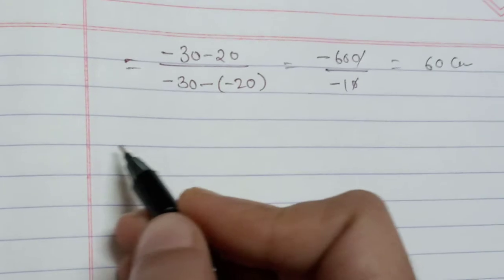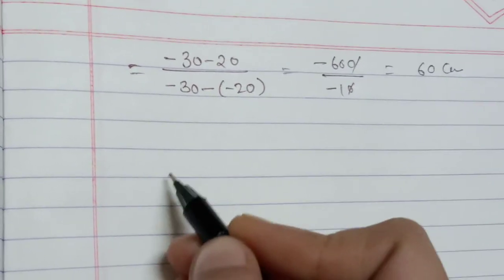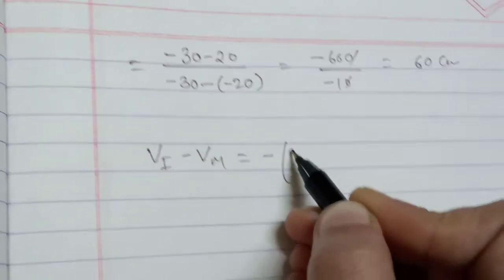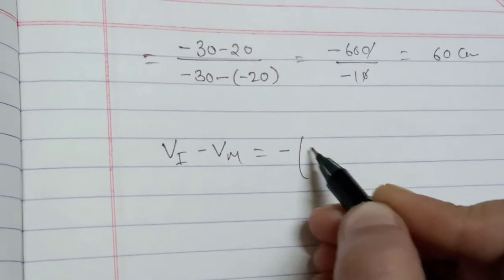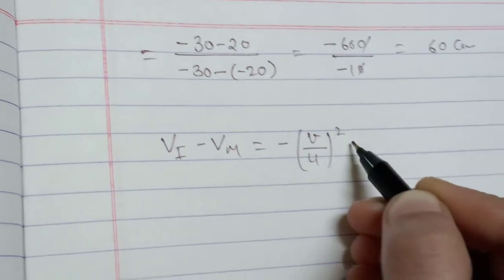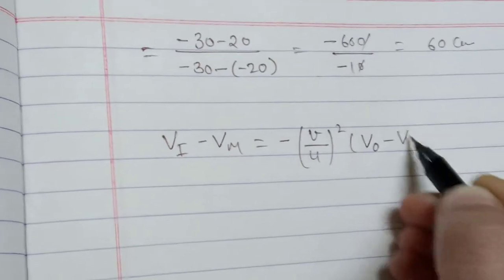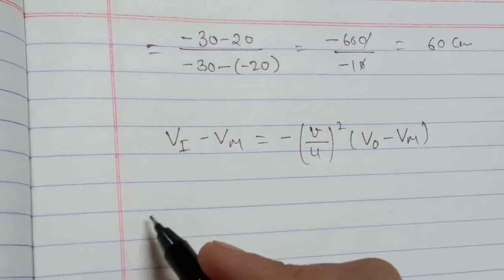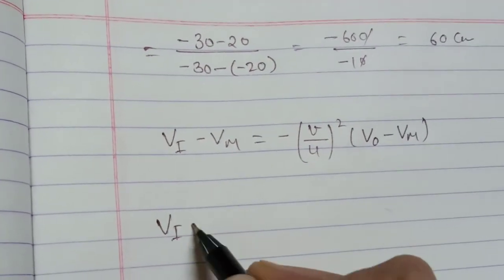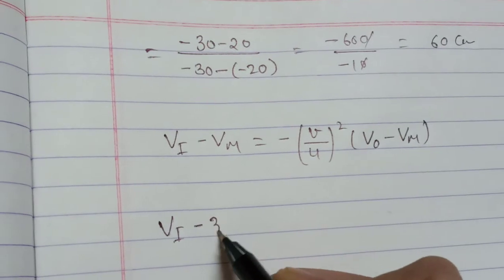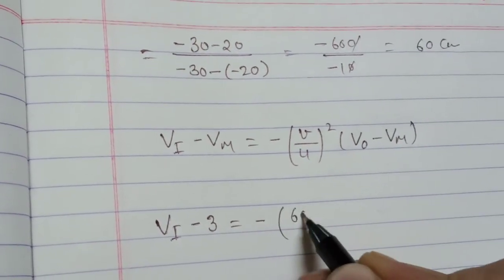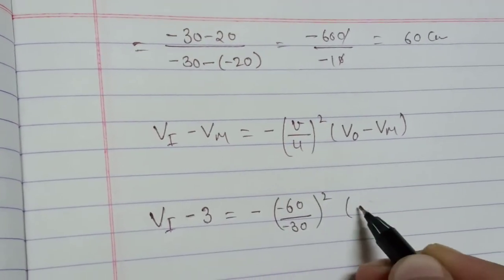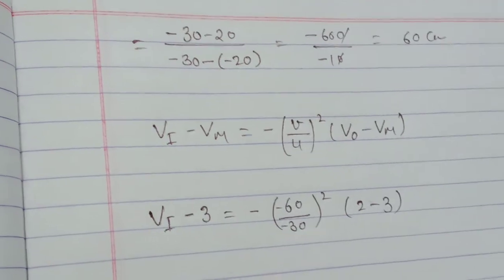Okay, now put all the values in the formula. The formula is Vi minus Vm is equal to minus v square upon u square into Vo minus Vm. Put all the values here. Vi minus 3 is equal to minus 60 upon 30, whole square, into V object 2 minus 3.